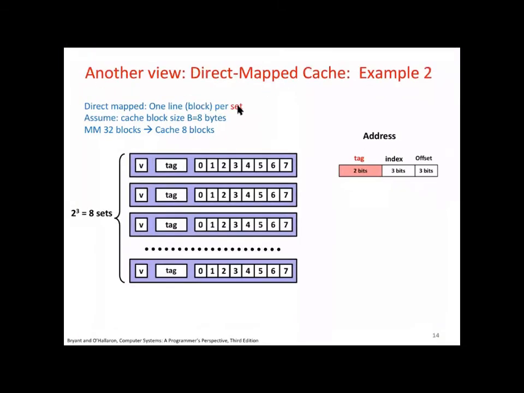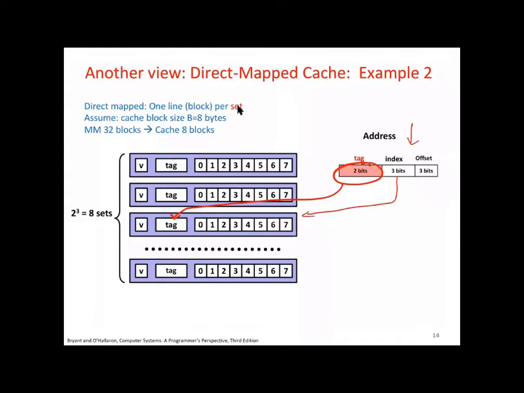Note that we use the index to point out the right block here, or the right set actually. Then we use the tag bits that are given, because this is coming from the CPU, to match with the corresponding tag here.